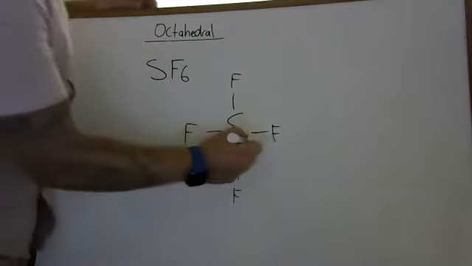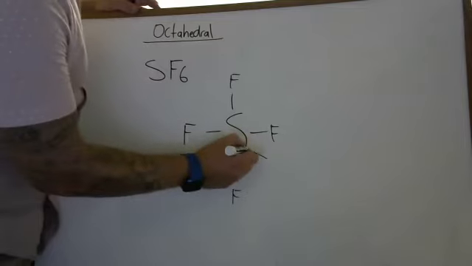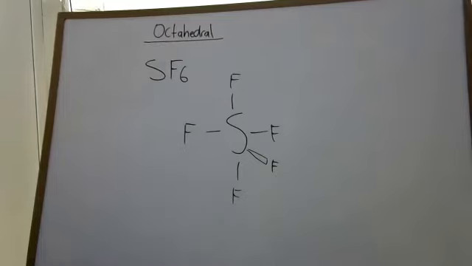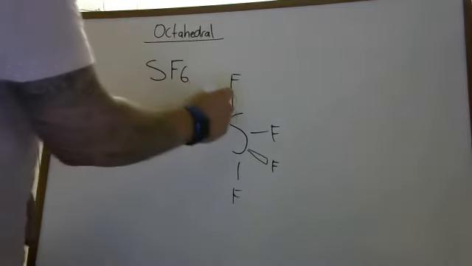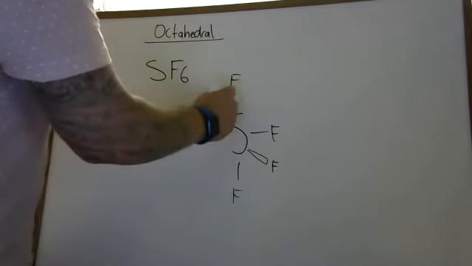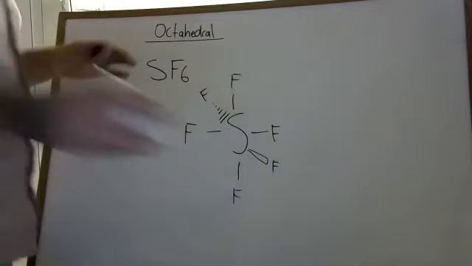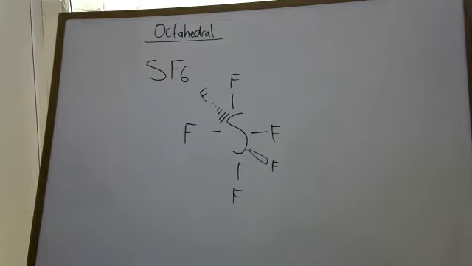So that's coming out to the front. And the other one kicks out behind the S. So this has 6 bonding pairs.